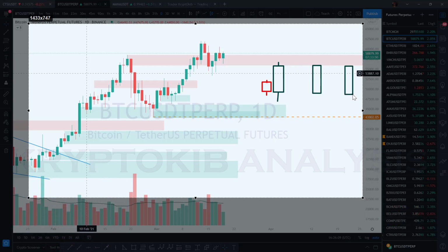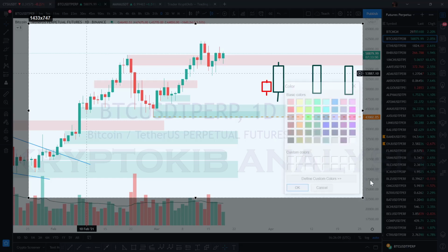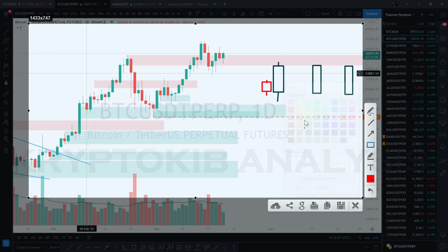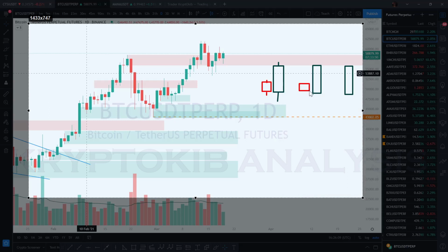Okay, let me draw the red first. You have this bearish candle and this bearish candle. You have a wick to the bottom, a wick to the top, a wick to the bottom, a wick to the top.